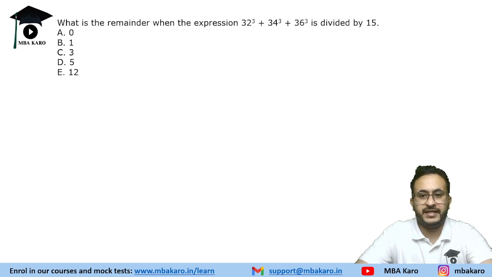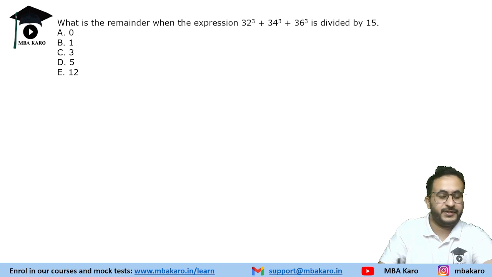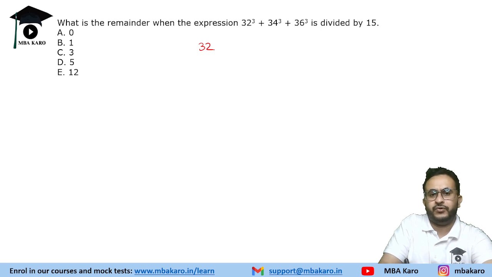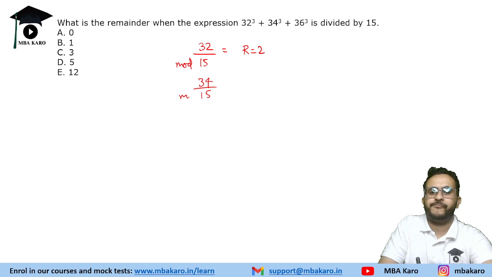Well, now this is the next question, which is saying that what is the remainder when this number, 32 cube plus 34 cube plus 36 cube, is divided by 15. Okay. Now, remainder theorem concept. 32 when you divide by 15, the remainder is equal to 2. 34 when you divide by 15, the remainder is equal to 4.